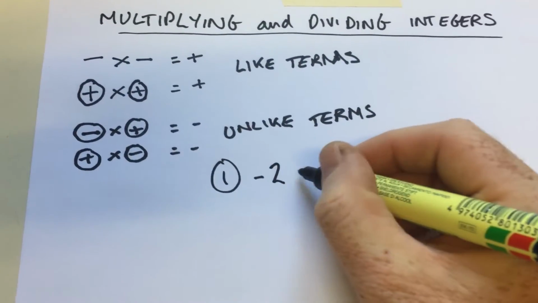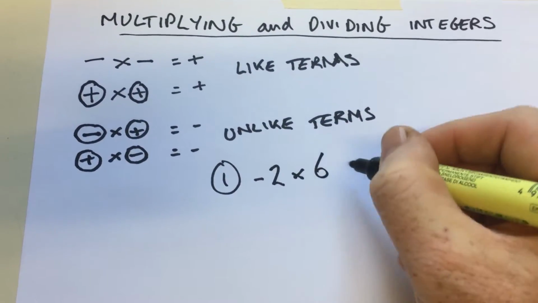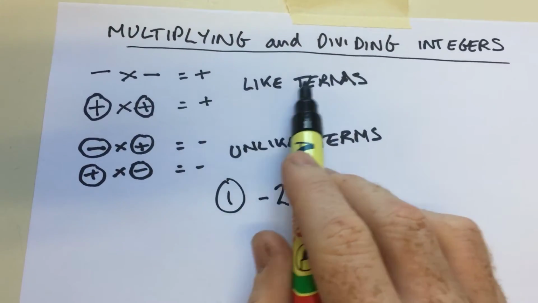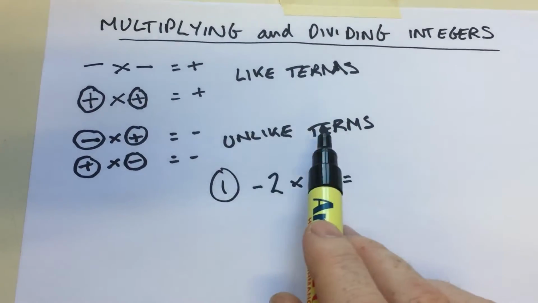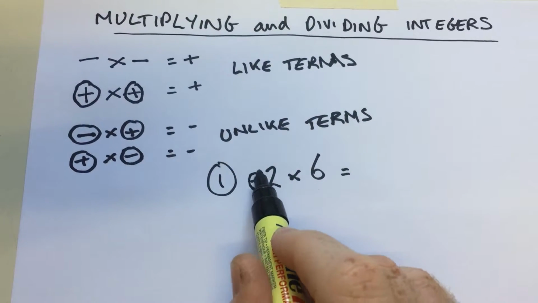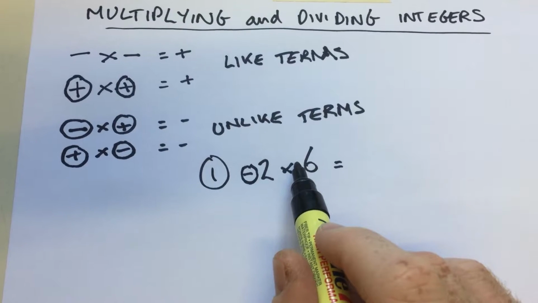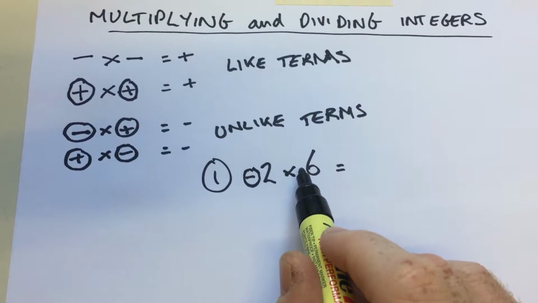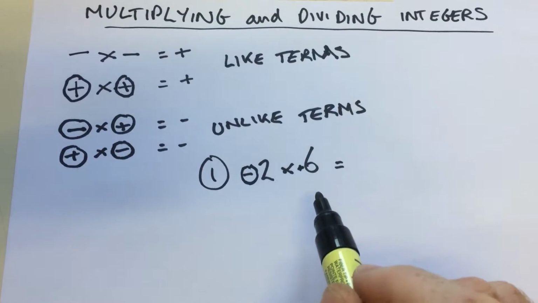Minus 2 times 6. The first thing I ask myself is, do I have like terms or unlike terms? Well, let's have a look. I've got a minus, and in front of this 6, if there is no sign, remember I always assume that it's positive. So I can put a little positive in there just to remind myself.